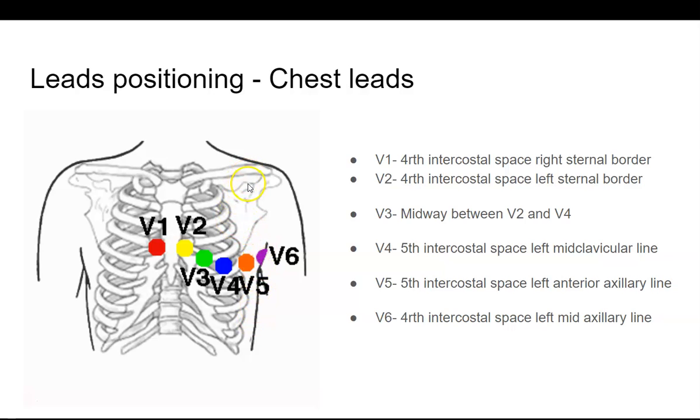If you draw imaginary lines in the axillary area, like the anterior, mid axillary and posterior axillary line, then in the anterior axillary line V5 will come and in the mid axillary line V6 will come. Everything comes under the 5th intercostal space.